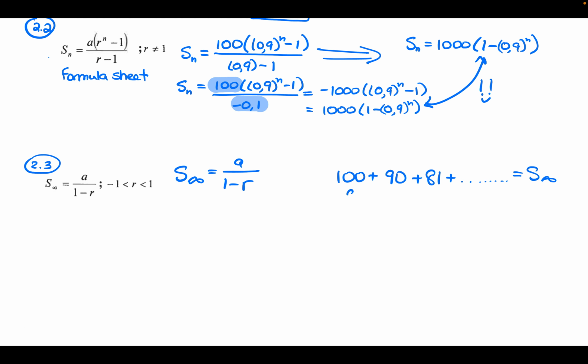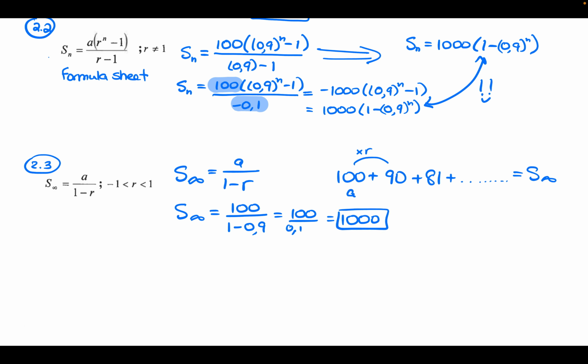Again, a was equal to 100, and the r value is what we multiply by to get from one term to the next. We figured those out in the previous two problems, so we know that a is 100 and r is 0.9, so we get 100 divided by 0.1, which is 1,000.